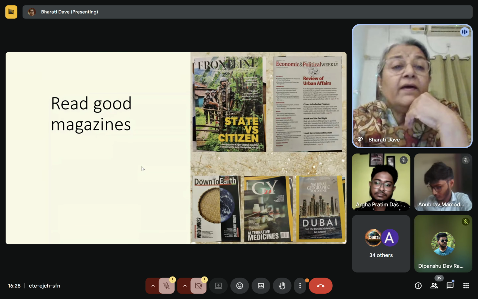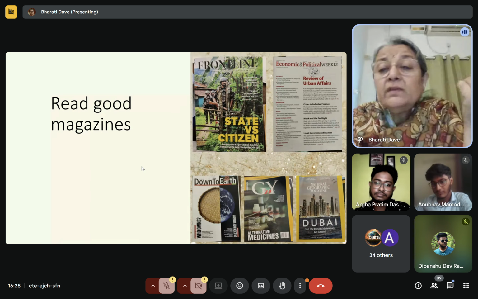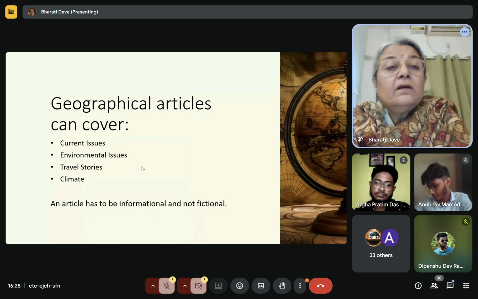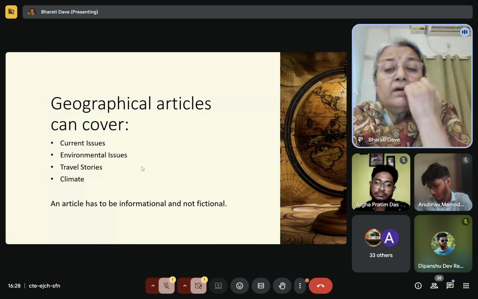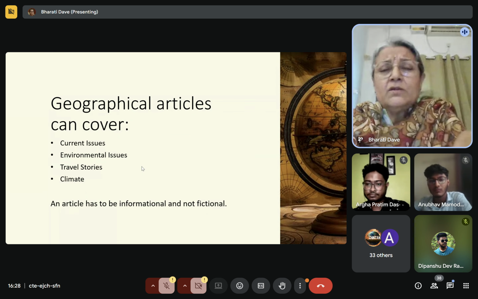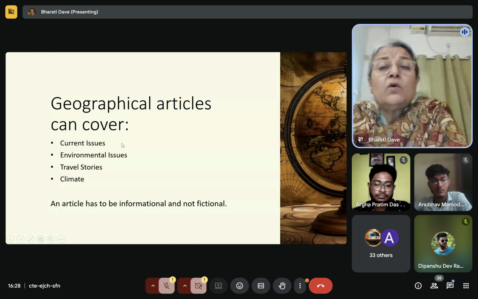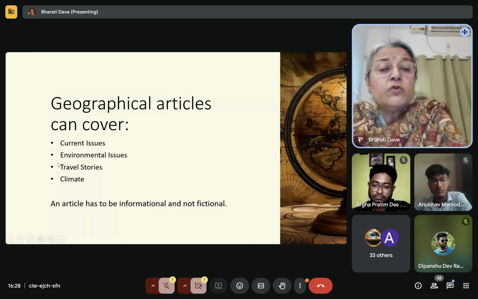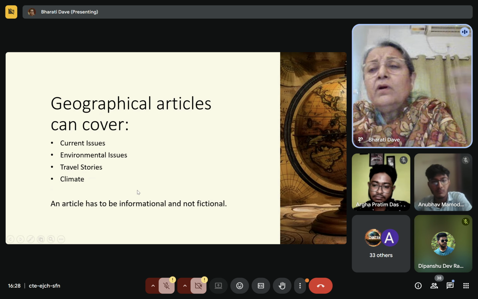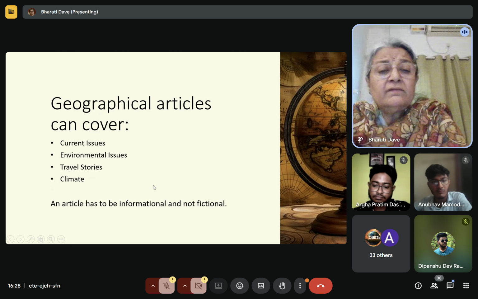Then we move ahead. We're still doing the prerequisites. Okay. Now this has actually already been spoken of, that geography has a very wide scope when it can cover current issues, environmental issues, travel stories, climate, population, social affairs, anything.